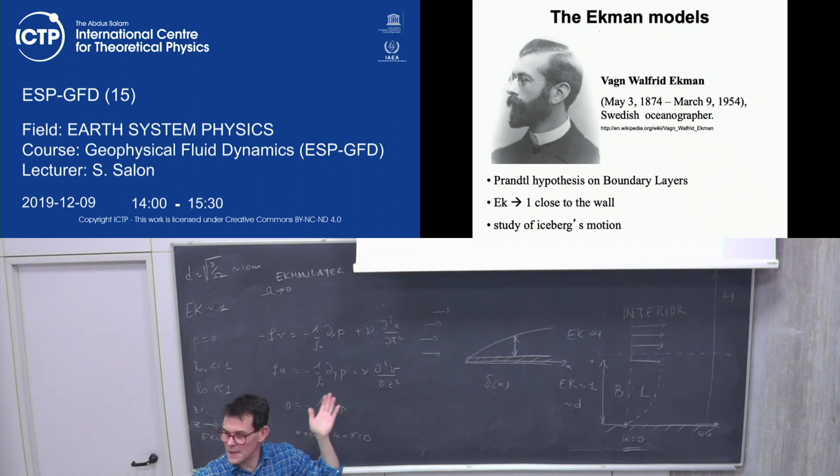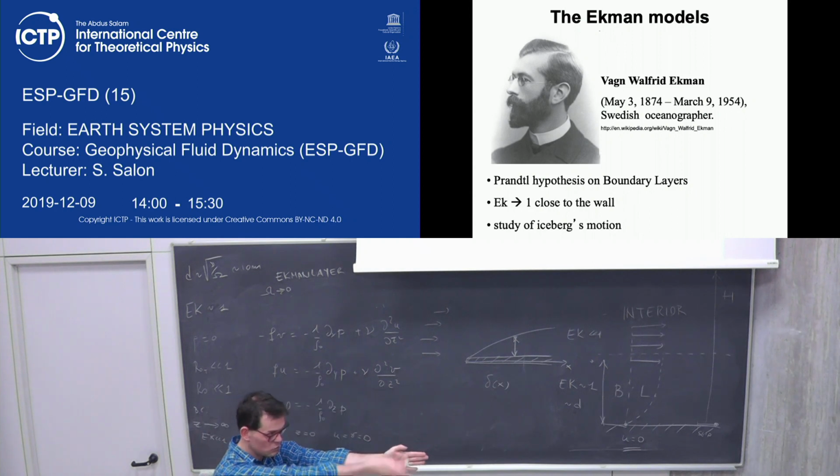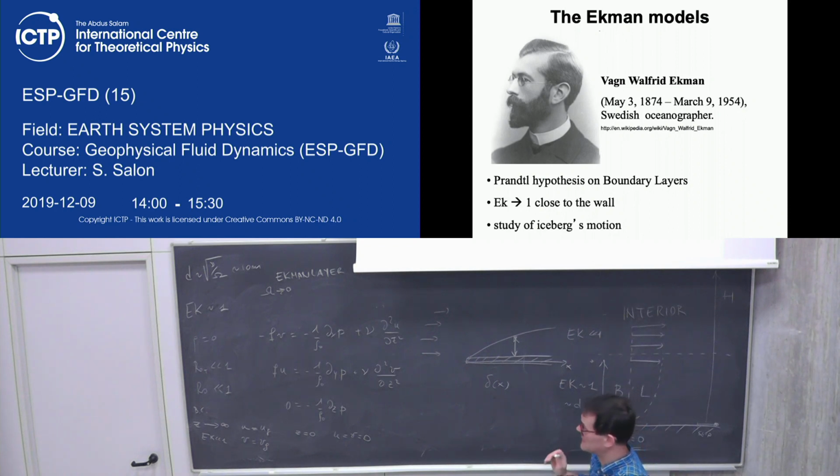He was very puzzled. Why, if the wind is going this direction, are the icebergs not parallel to the wind? But it was not like that. So Ekman had to solve this problem mathematically using this model in order to explain why the icebergs were drifting to the right of the dominant wind. And this became famous as the surface Ekman layer.